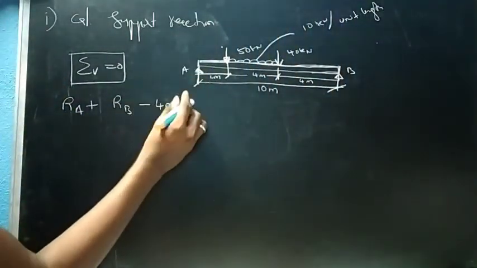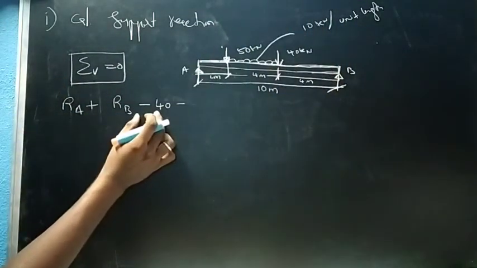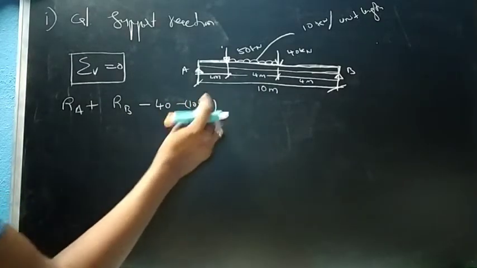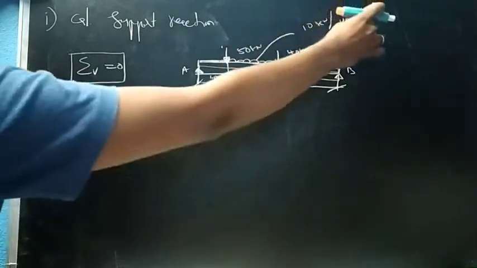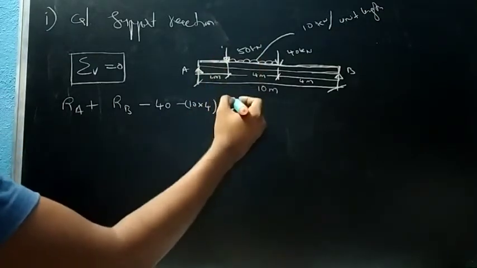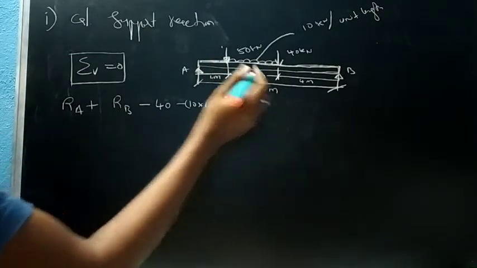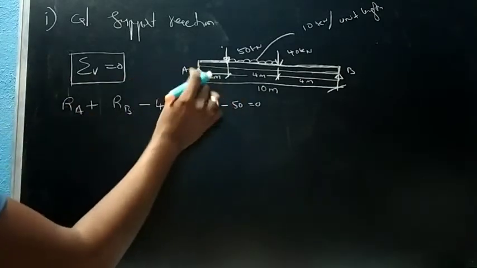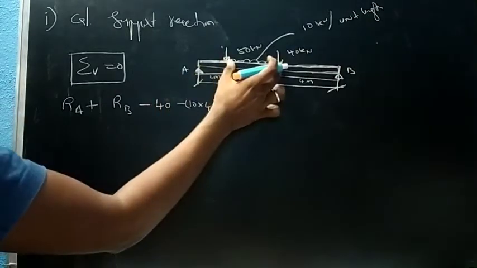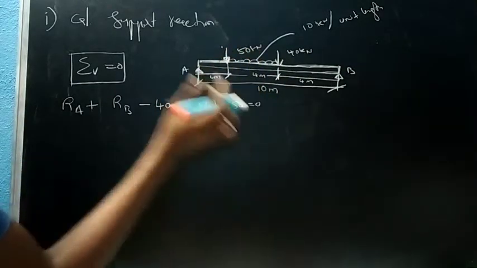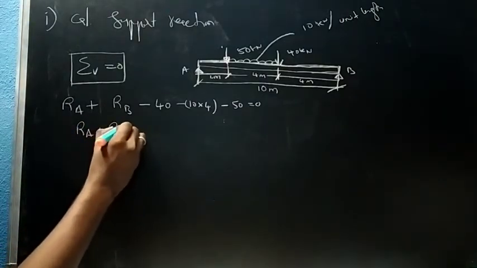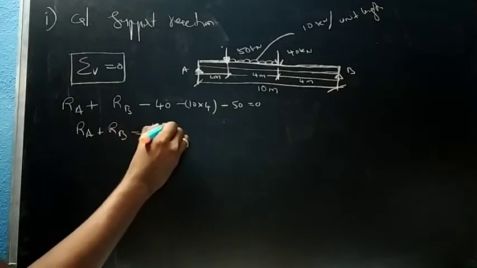That 40 is in the downward direction, that's why minus 10 into 4, 10 into unit length 4, it is acting on 4 meters, minus again 50 equals 0, right? All the vertical forces RA, RB and 40 uniformly distributed load here and 50 kilonewton here. So from this I can write RA plus RB equals 40.